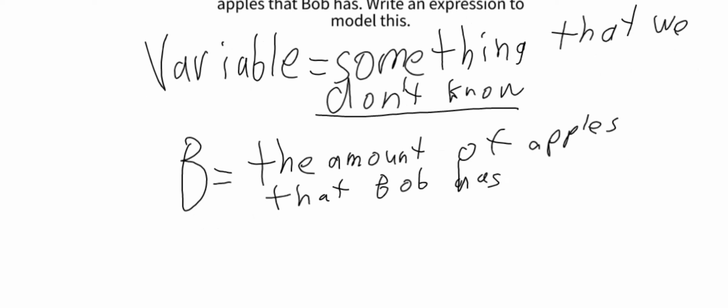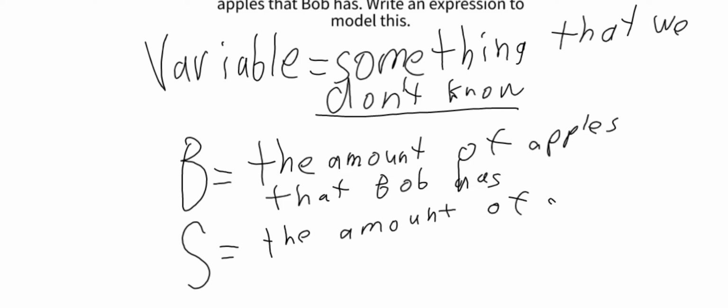Now, how do we write the amount of apples that Susie has in terms of the amount of apples that Bob has? To do this, we just have to let S be the amount of apples Susie has.